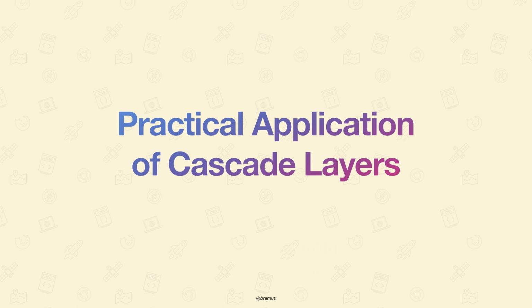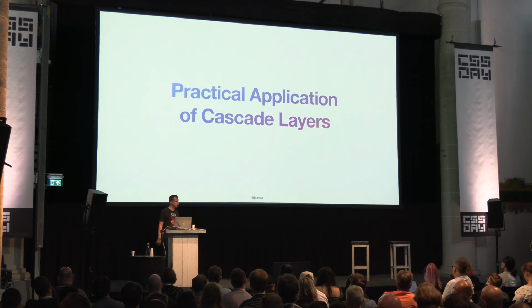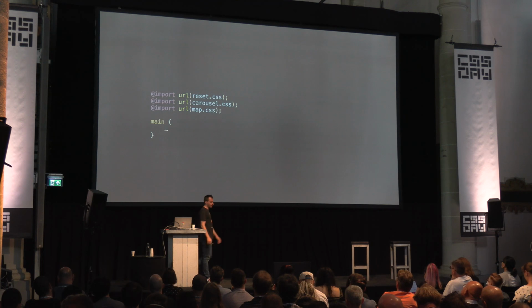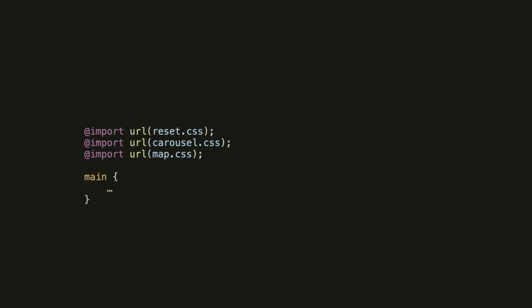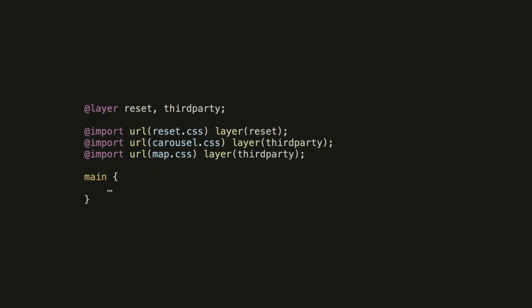Practical, because I know it's all been a bit theoretical right now. How would you start with Cascade layers? Say this is your style sheet that you have right now. You load in a reset, you load in some third-party styles as well. What I would recommend when starting to use layers is to add the layer statement at the top so that you define the layer order up front, and then load in those third-party styles into their own separate layers.